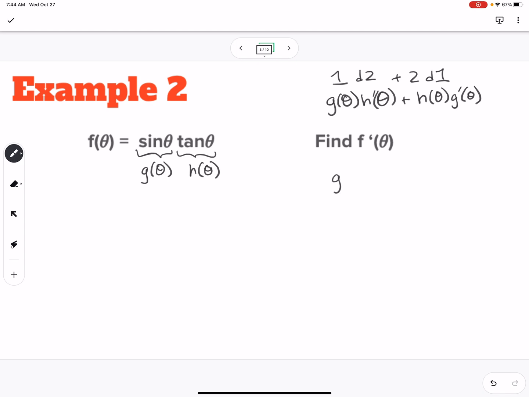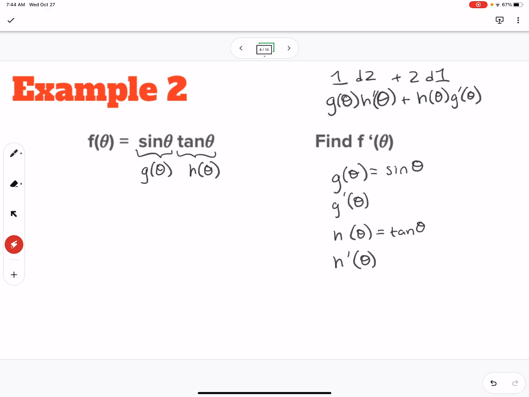And here, we need to be memorizing these, if you haven't already, our trig derivatives. So our g of theta and our h of theta are sine and tangent. And when I'm taking my derivative, again, going back to those trig derivatives, sing that song in your head if you need to.